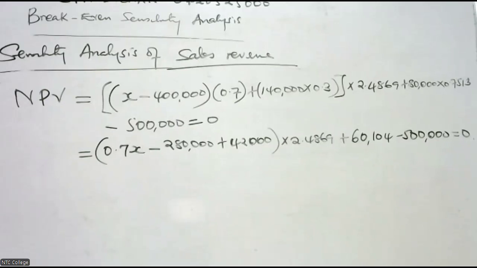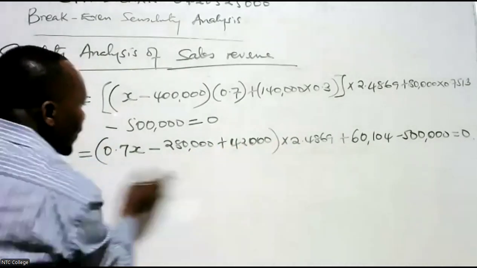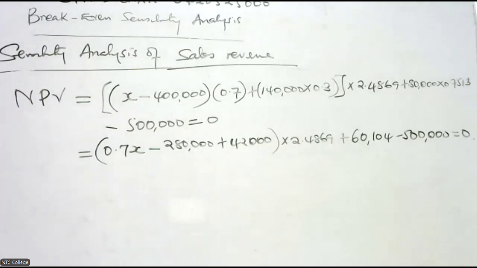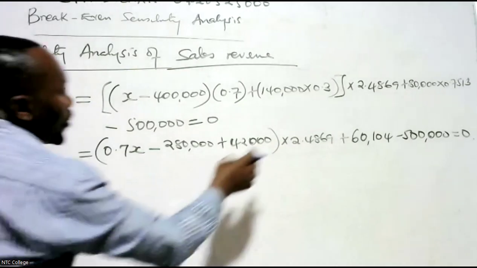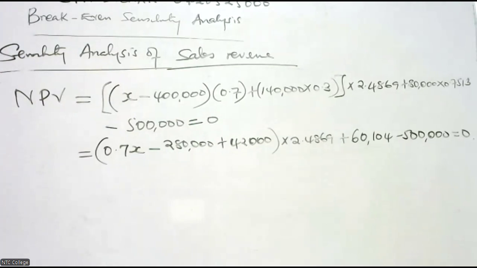Now from here, we can proceed, right? So we multiply all this. What are you getting? First, this will be negative, right? This minus this, it's negative 280 plus 42,000. Negative 238. Right?